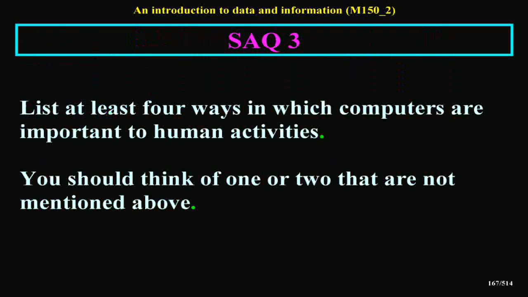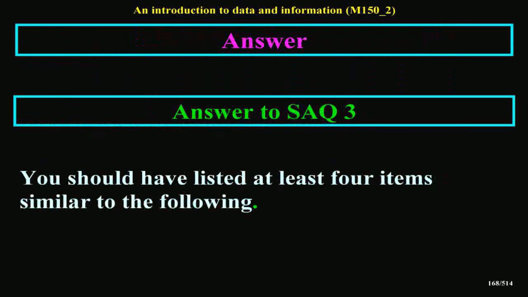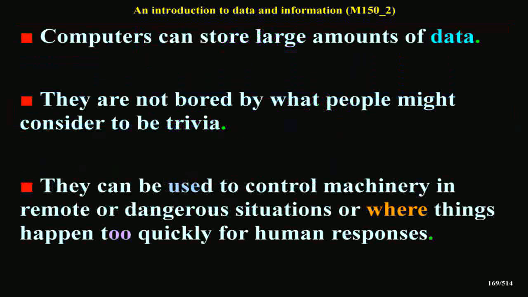SAC 3. List at least 4 ways in which computers are important to human activities. You should think of 1 or 2 that are not mentioned above. Answer to SAC 3. You should have listed at least 4 items similar to the following. Computers can store large amounts of data. They are not bored by what people might consider to be trivia.